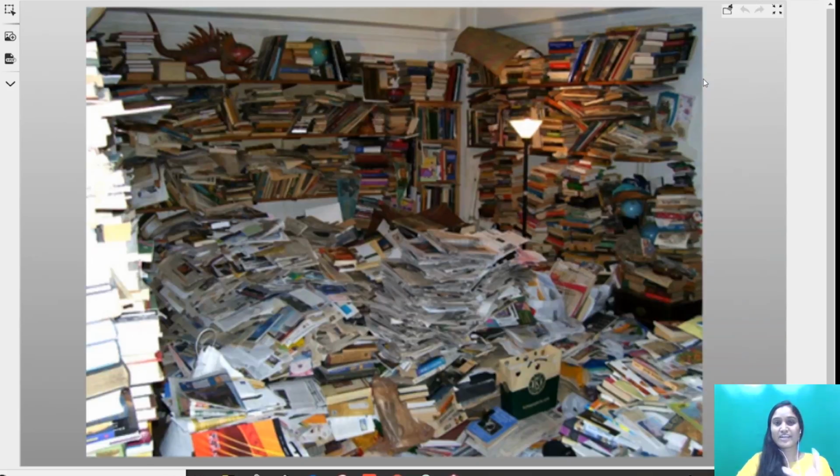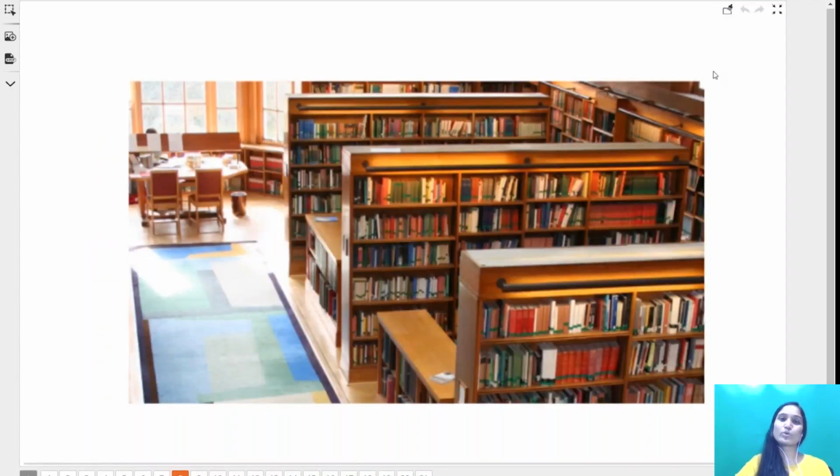Coming back. Now, in order to identify the stuff easily, in order to pick whatever we want easily, what if we organize these books in this manner? How does it look? Is it better than before? You see the image now, right? It's been arranged in the shelves.